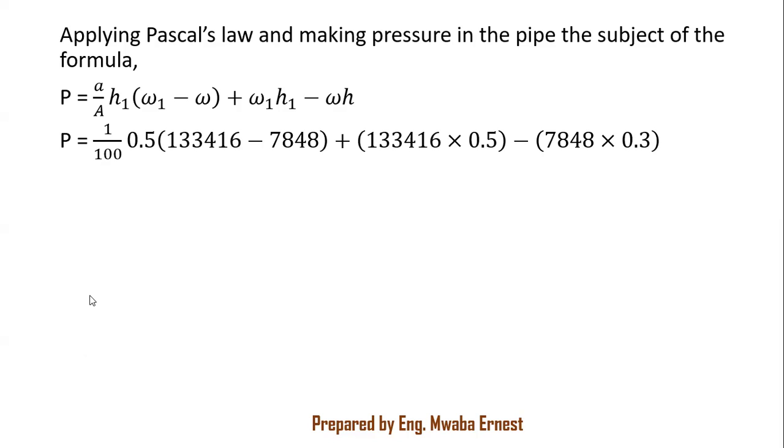Then plus, open brackets, this time around we come to the other part as well, where we use Y. So the specific weight of the manometer liquid, which is mercury, multiplied by 0.5, take away 7848 times 0.3.